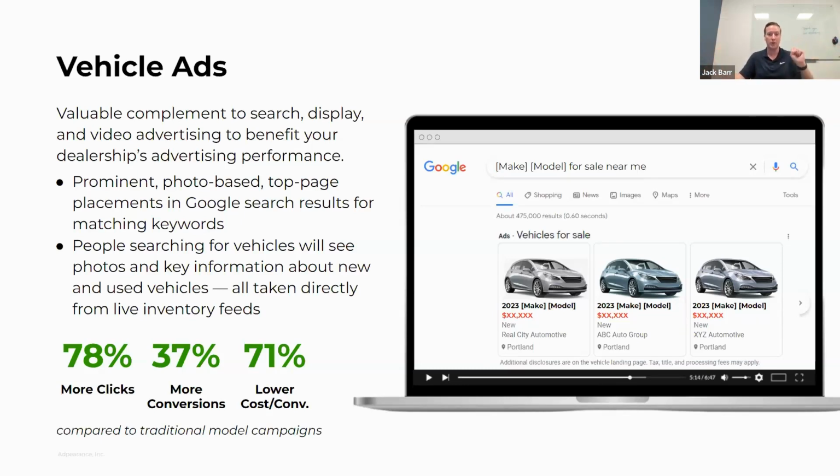So when I do click on that vehicle, I'm much more likely to convert. I've gotten to the VDP. I've seen everybody else's inventory that's around that vehicle. So now I want to get to the VDP that's actually relevant to me. And when I do click, I'm more likely to convert when I get into that page. So I definitely recommend dealers get into vehicle ads, as this is becoming a primary spot to start your advertising.